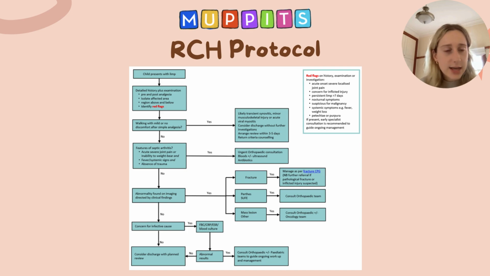If the child is able to walk, so right back up to the top of this flow chart, then we're thinking likely transient synovitis or something like a viral myositis. And we might consider discharge without doing further investigations, but making sure we always arrange a review within about 3 to 5 days.